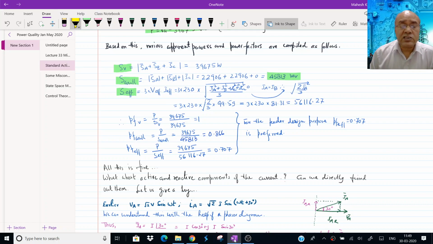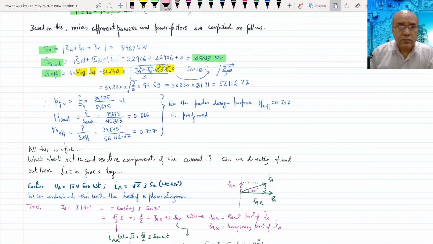And S effective is 3 into V effective and I effective, which becomes 3 into 230, and IA square plus IB square plus IC square plus IN square by 3. These two are 0. The remaining is this power, which makes the 2 IA square. Substitute the value of IA, we will get the S effective as 56,116.27 volt amps. The dimension is actually volt amps.